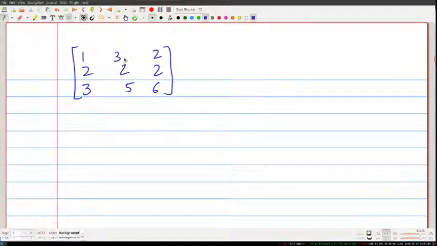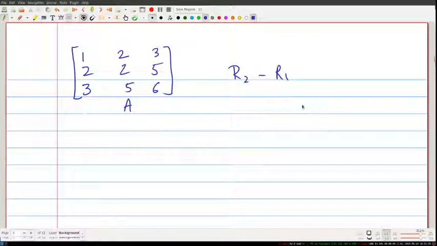Okay, now this is not symmetric, so I need to change it a bit to suit my needs. So I'm going to change this entry to 2. I'm going to change this entry to 3, so I make it symmetric, and I'm going to change this entry to 5. Okay, so this was matrix A, and now I'm about to do LU factorization, right? So I'm going to multiply it by some elimination matrix, so I know the first one is going to be row 2 minus 2 times row 1.